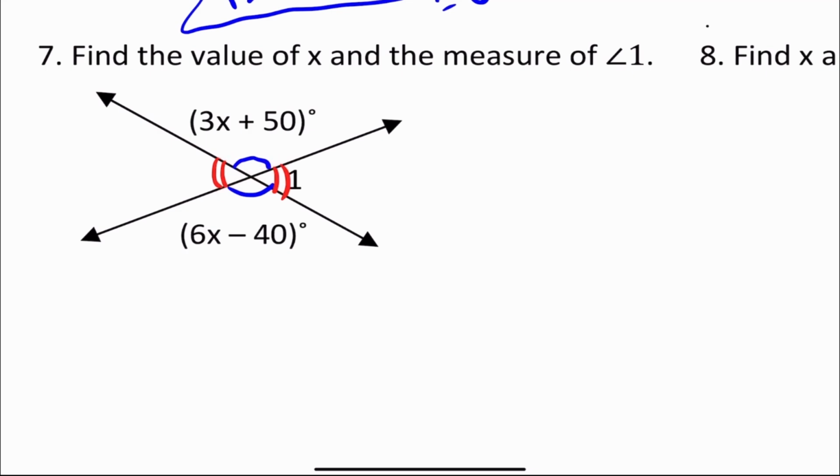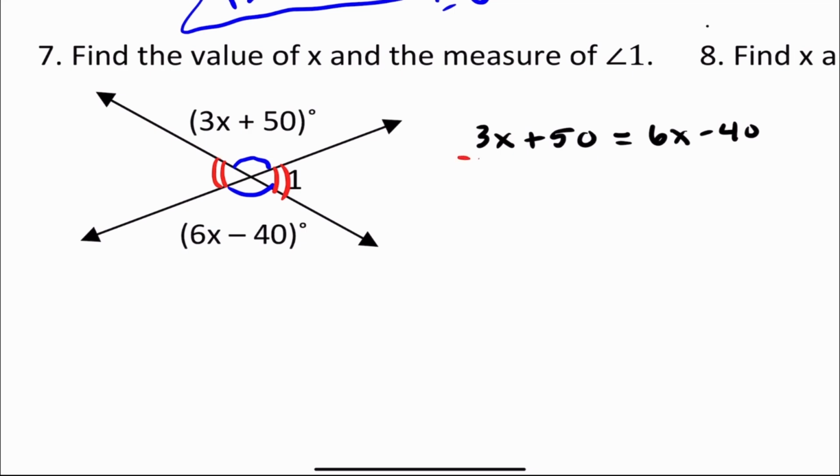So all I need to do is set these two expressions equal to each other. I have 3x plus 50, which is equal to 6x minus 40, and my goal here is to solve for x, so I need to get x on one side and the answer on the other side.